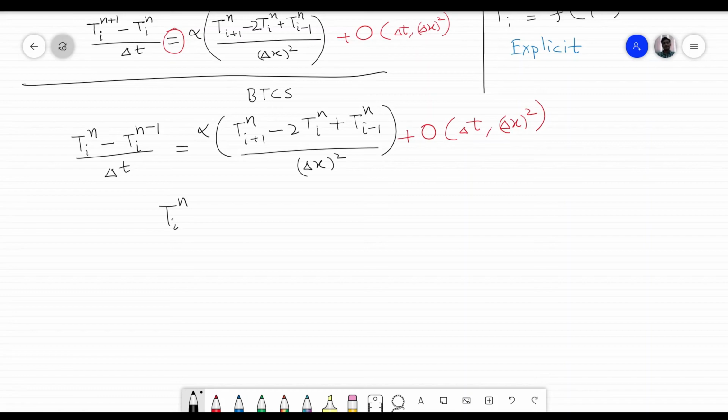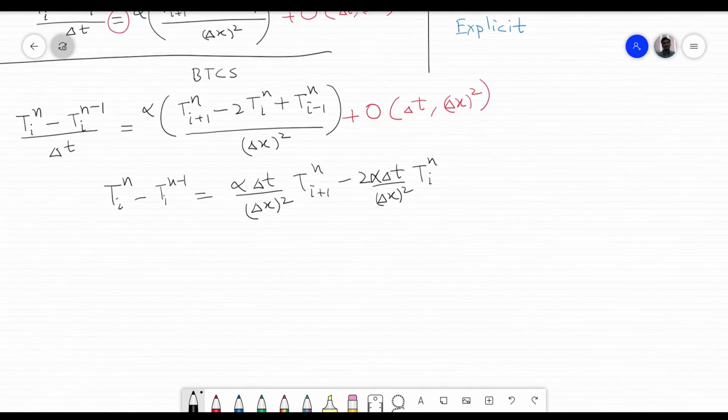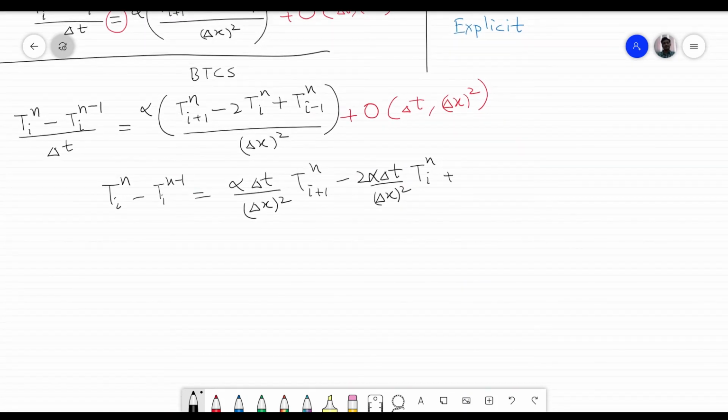You can see this is T i n minus T i n minus 1 equal to alpha delta t by delta x square T i plus 1 n, minus 2 alpha delta t by delta x square T i n, plus alpha delta t by delta x square T i minus 1 n.